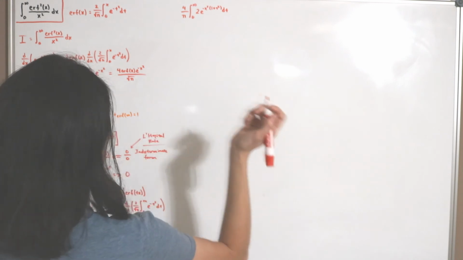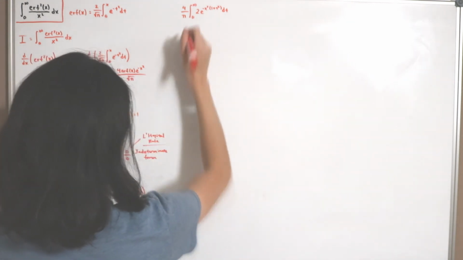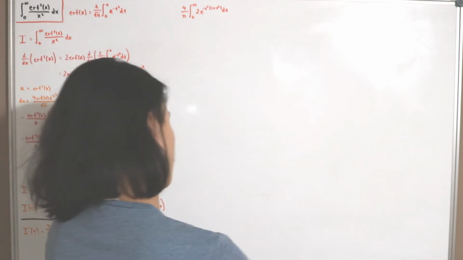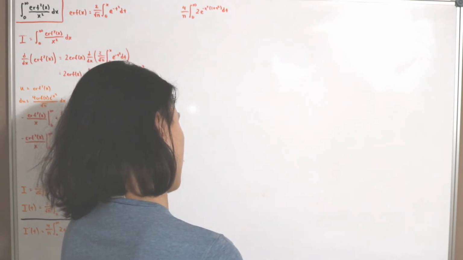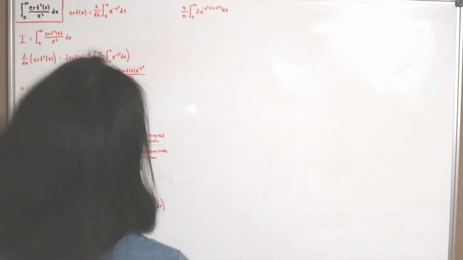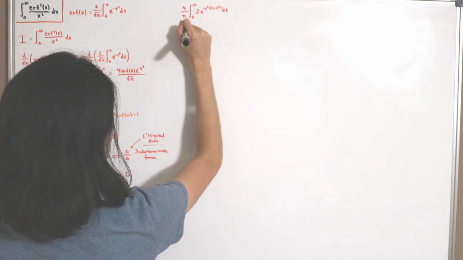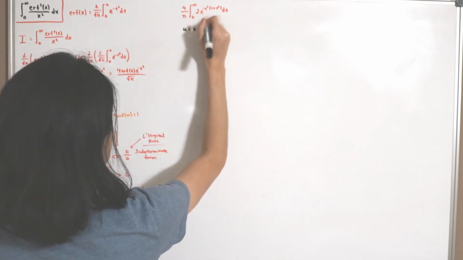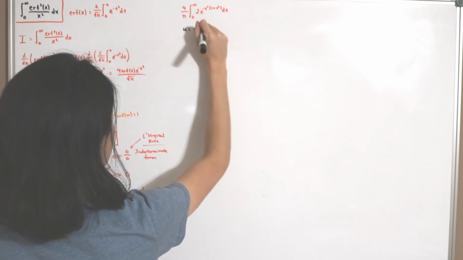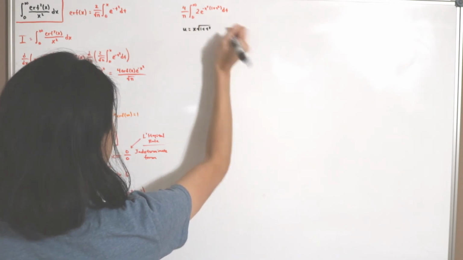Okay, and now, like I said, we're going to do a u-substitution. So let's do it this way. Let me write this in black. We're going to let u equal x times the square root of 1 plus t squared.